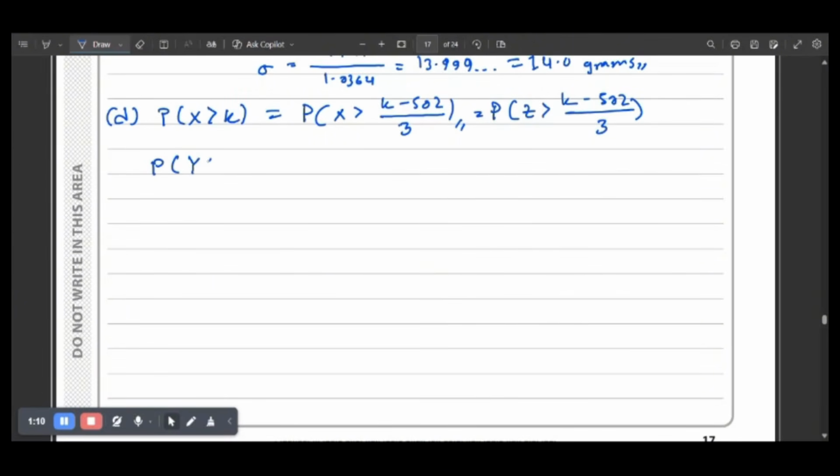For y being less than 2k, we can write the probability of y being less than 2k as 2k minus 1024 divided by 14.